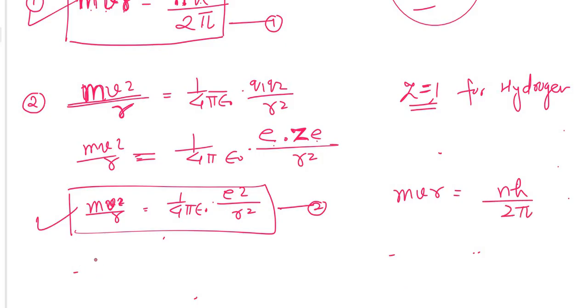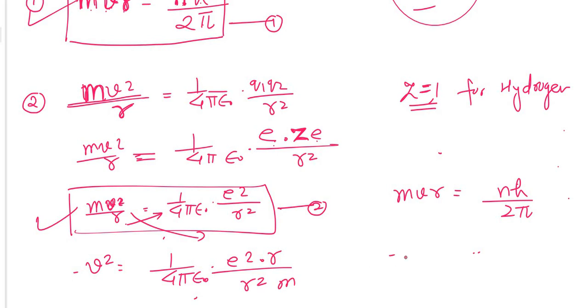Can I write v square is equal to 1 upon 4 pi epsilon naught e square by r square, this r will go there, into r by m? And from here v is nh by 2 pi into m into r. So here we got v square and here we got v.